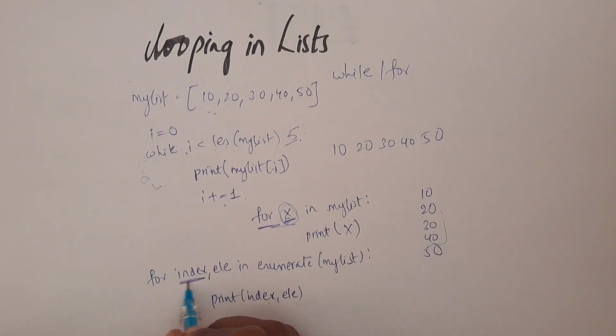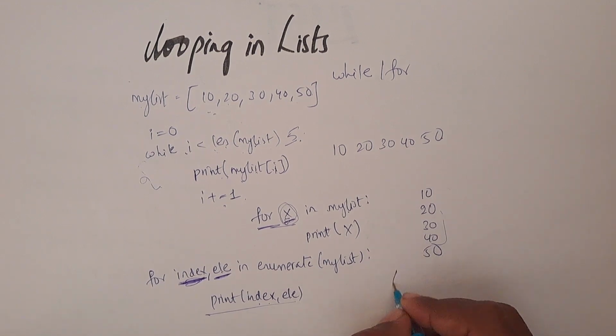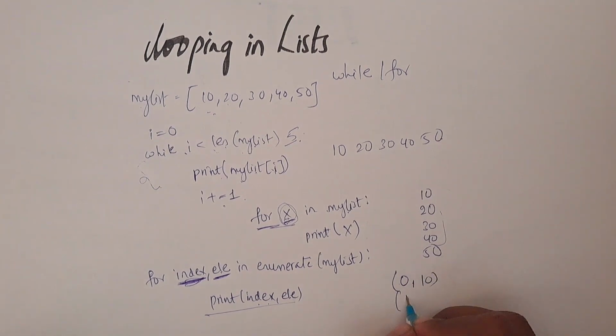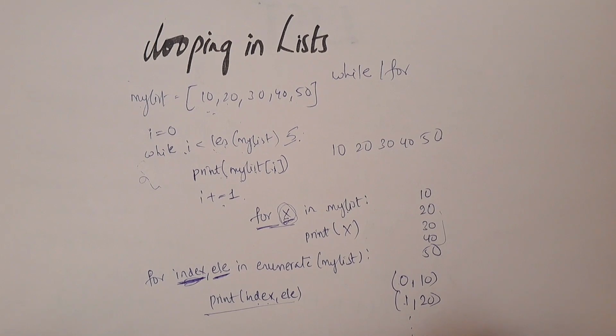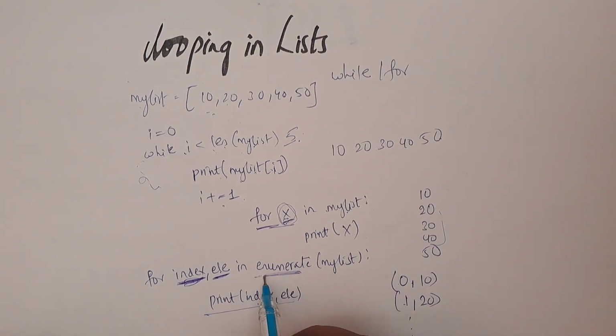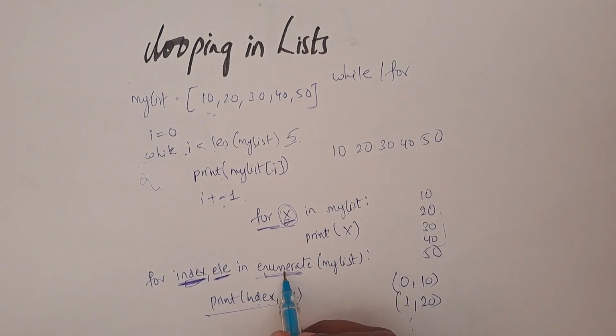So this will store the index of the item, and this will store the item, and it will print the index as well as the element. So you get the index as 0 and element as 10. Next, 1 is the index and element is 20. Like that you will get the output. So this is the usage of the enumerate function. Whenever you want to keep track of every individual item, you will use the enumerate function.